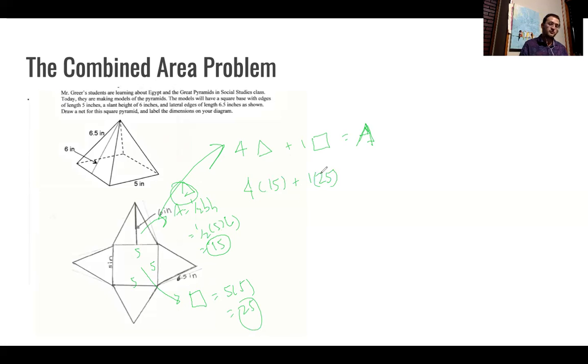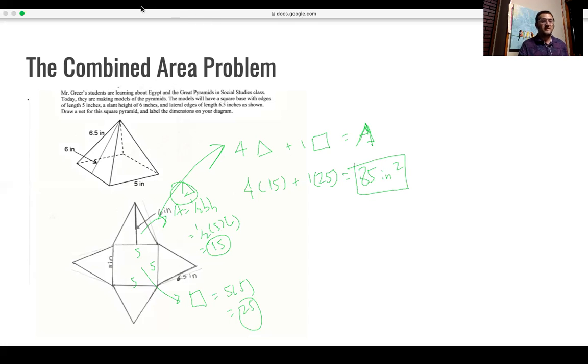So I got 1 square on the bottom. And I get a total of 85. And since it's area, it's still in square units. Now, next class, we're actually going to learn a formula of how to do surface area so that you don't have to draw an unraveled 3D picture every single time.